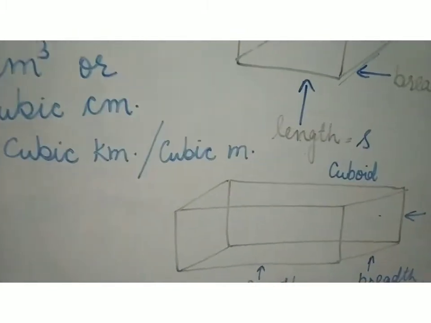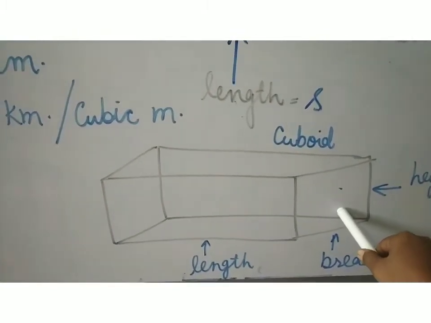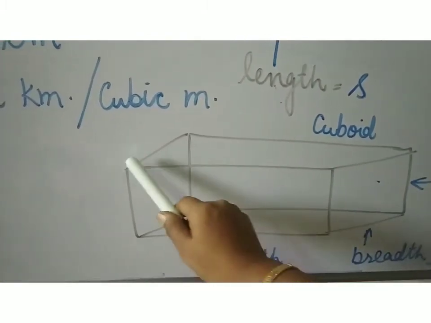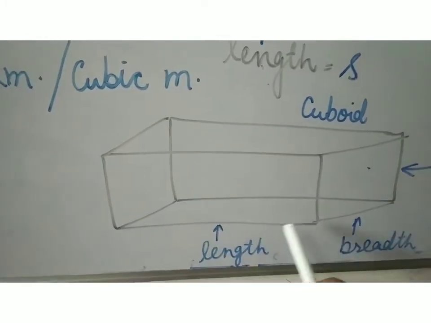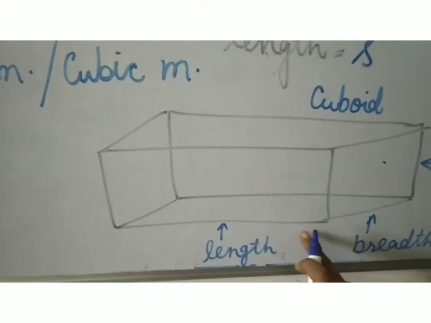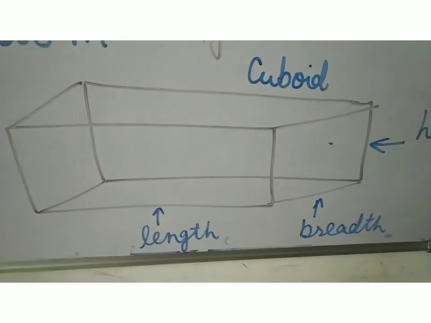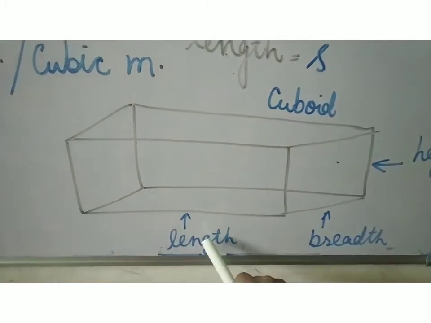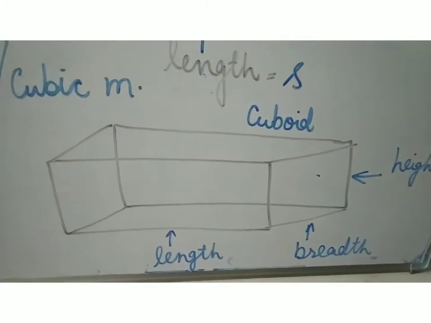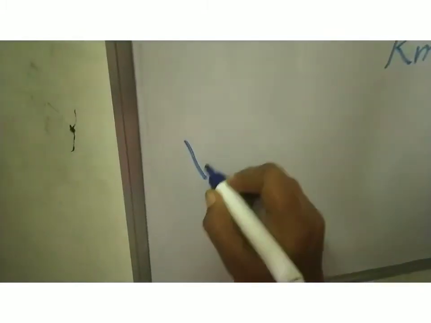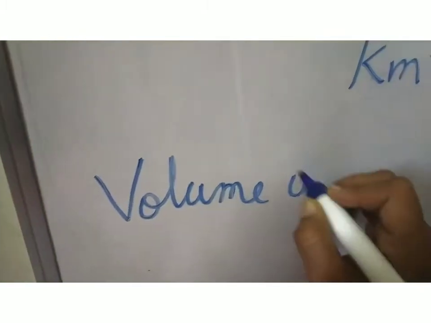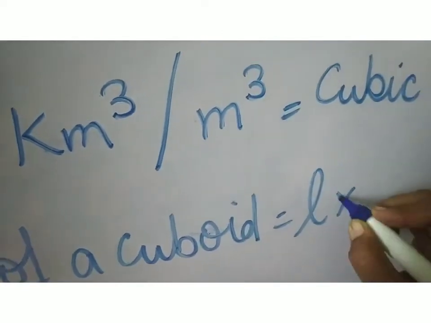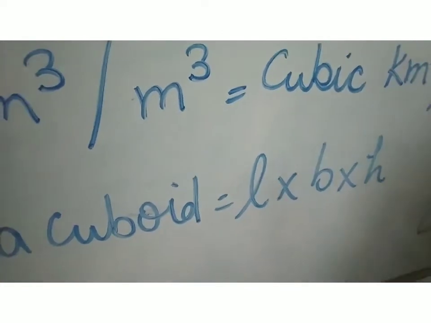Okay. So now we will see the volume of a cuboid. A cuboid is made up of rectangles. This is the rectangle. So this is the length, breadth and height. The volume of a cuboid is length multiplied by breadth multiplied by height.